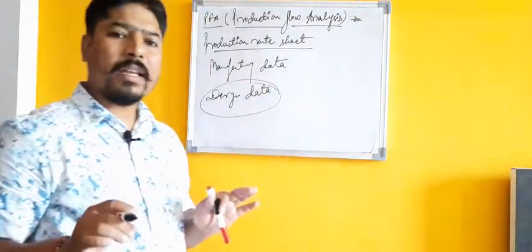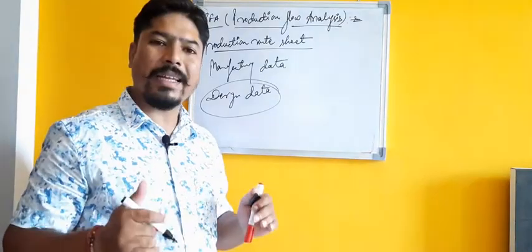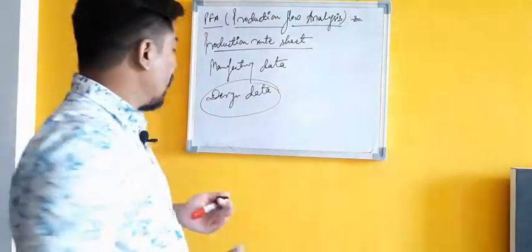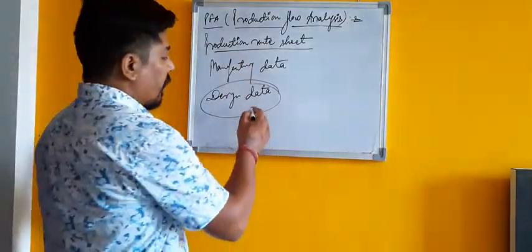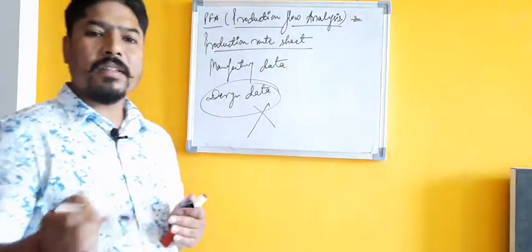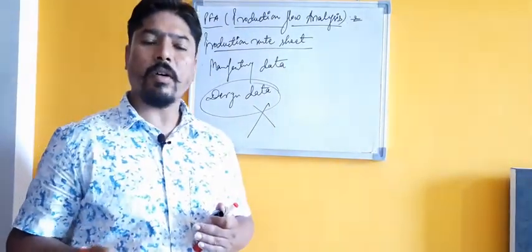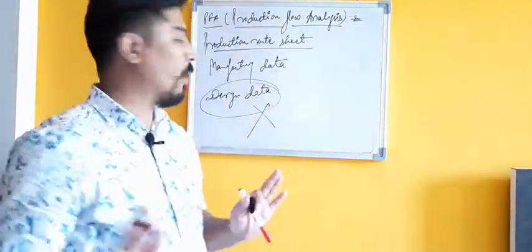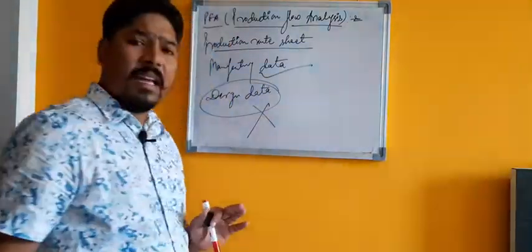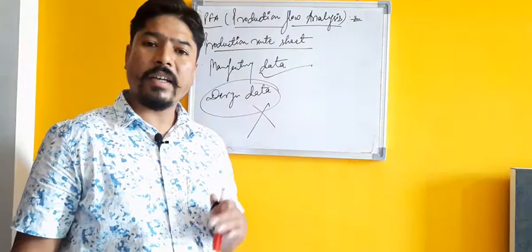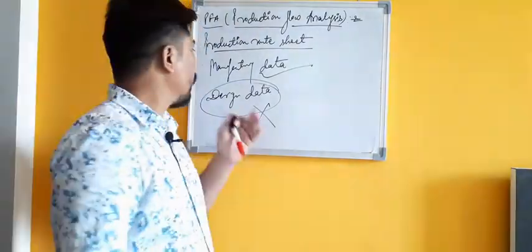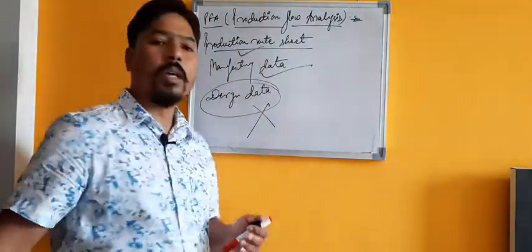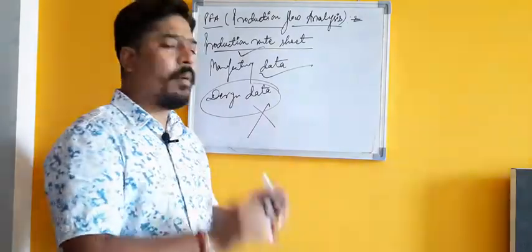That is the key difference between production flow analysis and the other procedures we already discussed in earlier classes. It never uses design data, meaning it is not worried about the design configuration of the component or part being manufactured in the plant or factory. It only utilizes manufacturing data, meaning which components are manufactured with which type of manufacturing processes. That's why I use the terminology production route sheets; it focuses on production route sheets.